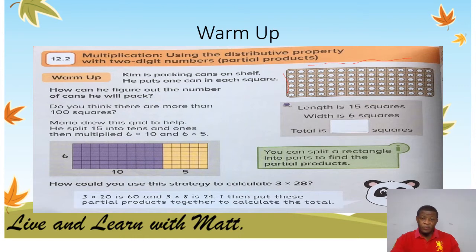So we have 1, 2, 3, 4, 5, 6 rows of 1, 2, 3, up to 15. So for sure it's more than 100.